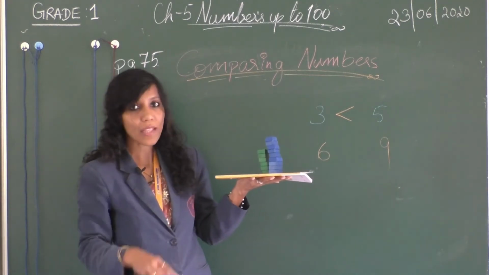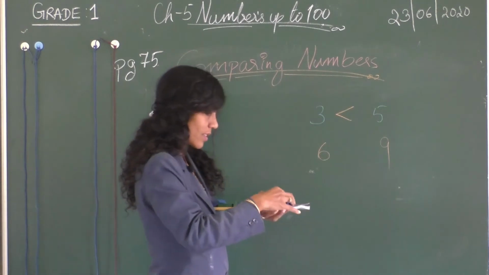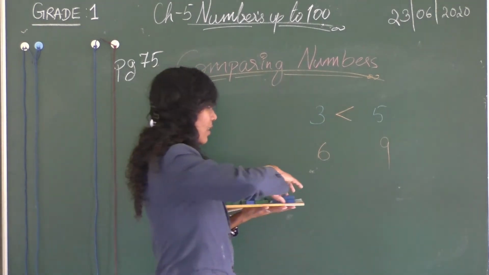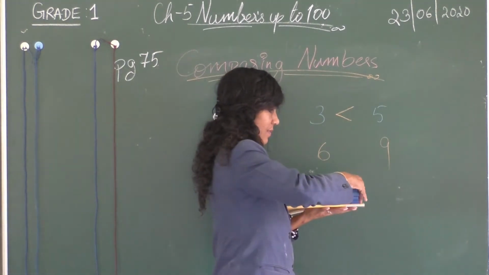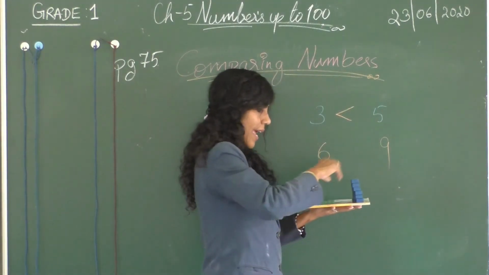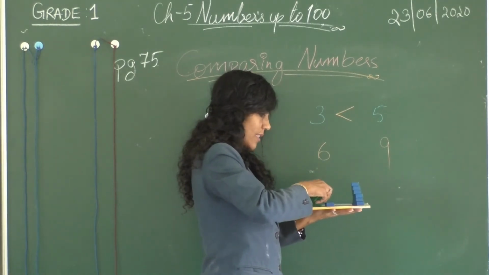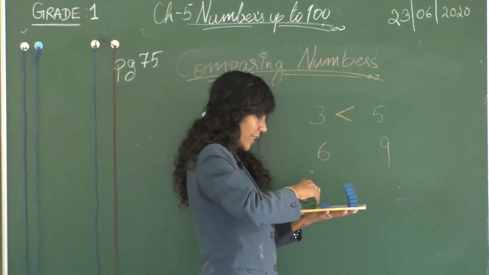See, the height of which one is more? Height of 9 is more. We keep it here, 9 this side and all the 6 ones this side. So blue that side and green this side.